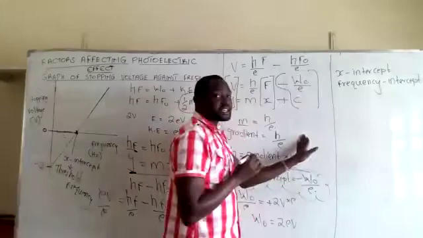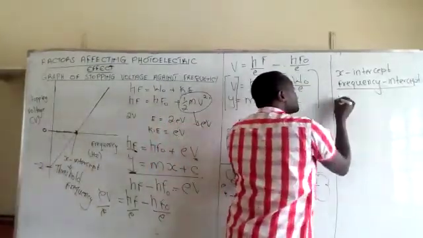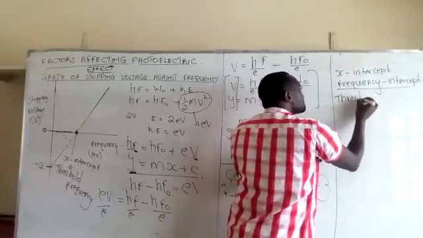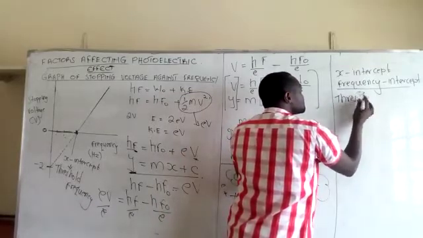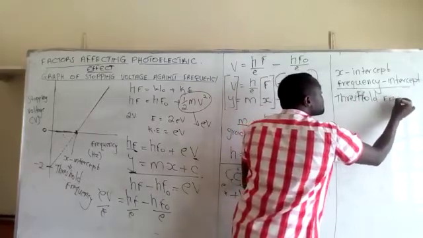The x-intercept or the frequency intercept will give us the threshold frequency.